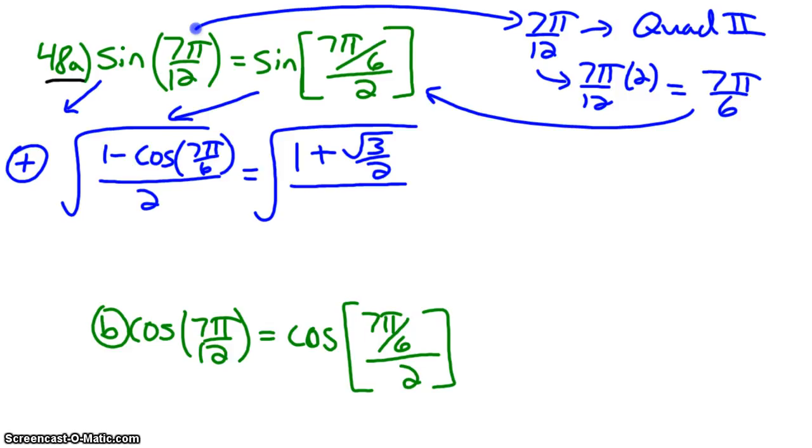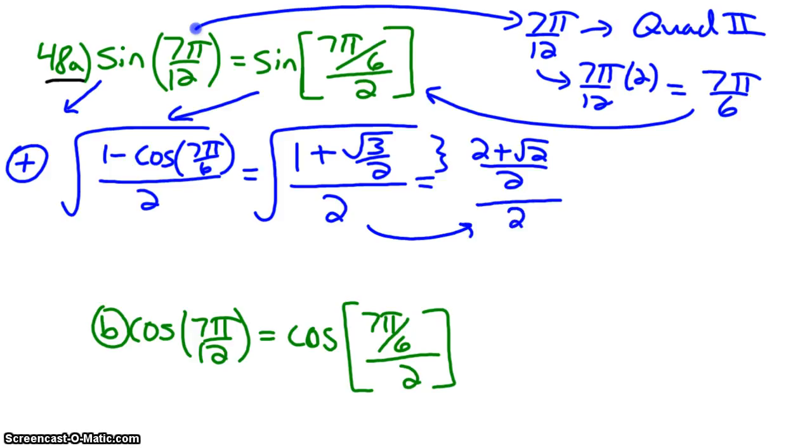That's why I have that 1 plus. Now, underneath it's a division of 2. So if I work out this problem by getting a common denominator for the numerator, I end up with 2 plus radical 3 over 2, and this is all over my denominator of 2.